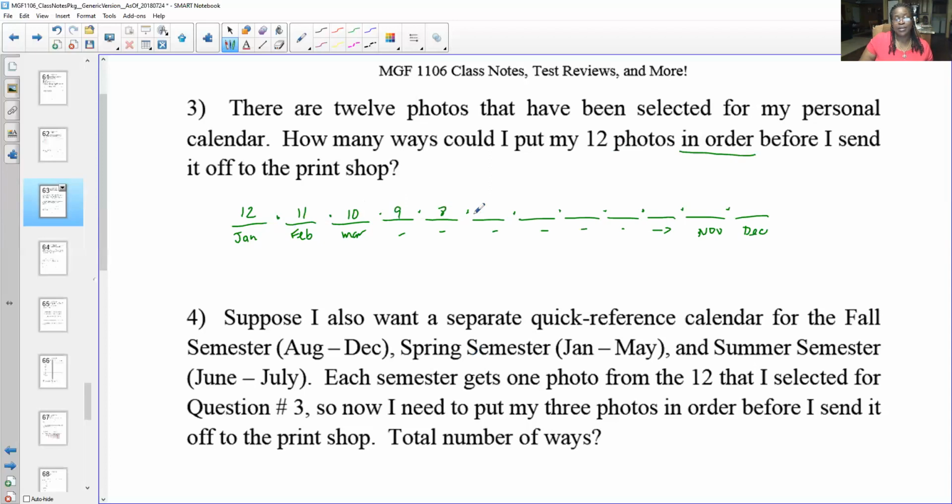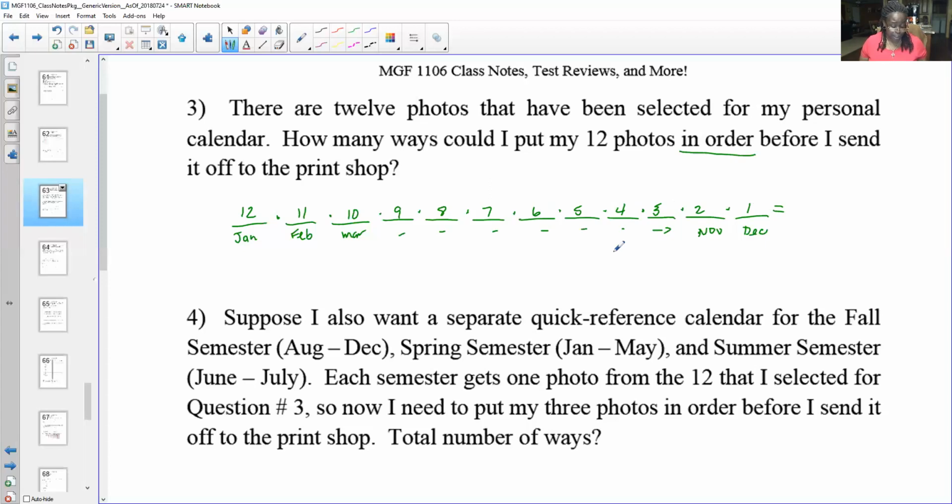And then 4 and 3, 2 and 1. That's right. So now we've used up all the pictures, correct? Every month has a picture. So when we multiply all these numbers together, we'll see how many possible ways she can order these pictures to make her personal calendar. That's going to be a big number.